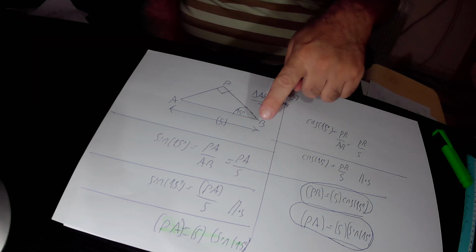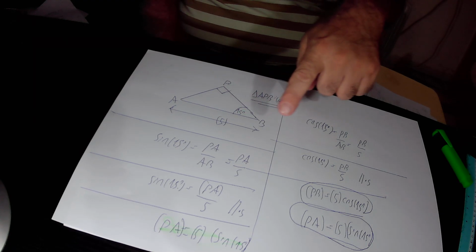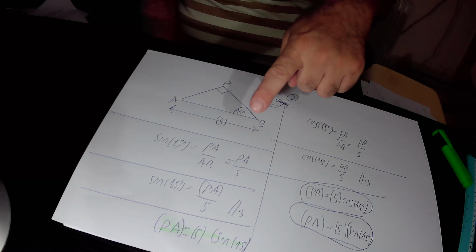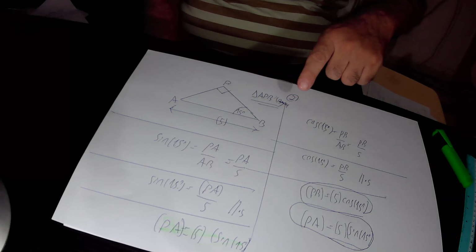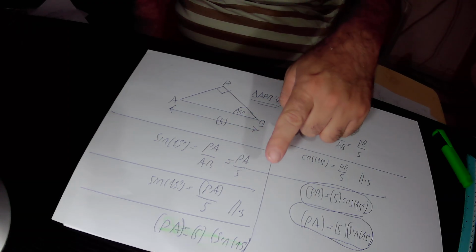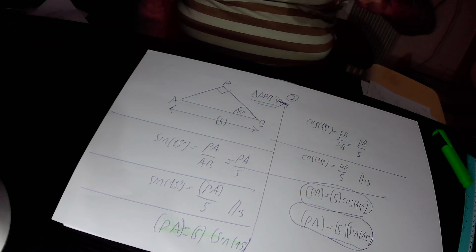So it is PA over AB. AB is 5, so in total sine 15 degrees equals PA over 5. Here we multiply this equation by 5 and find that PA equals 5 times sine 15 degrees.